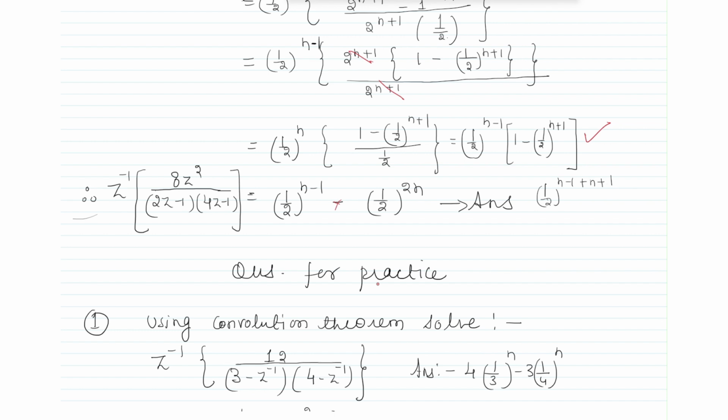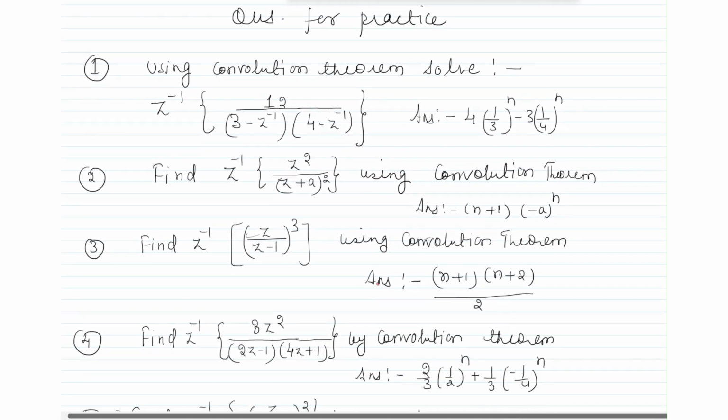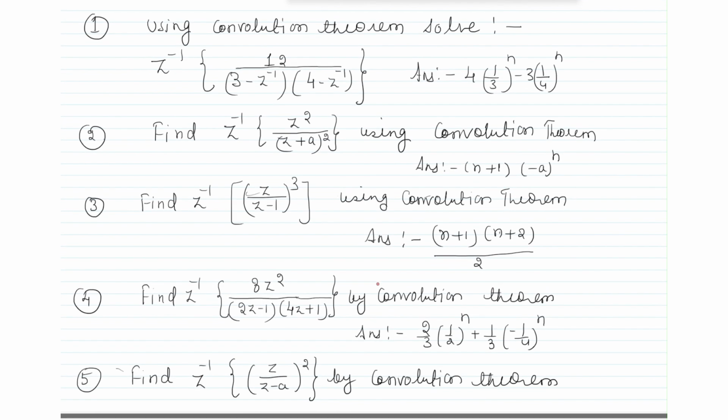Let's see here, I'm just showing some important questions for practice. By using the convolution theorem, solve z inverse of 12 upon 3 minus z to the power minus 1, 4 minus z to the power minus 1, and also here are answers.